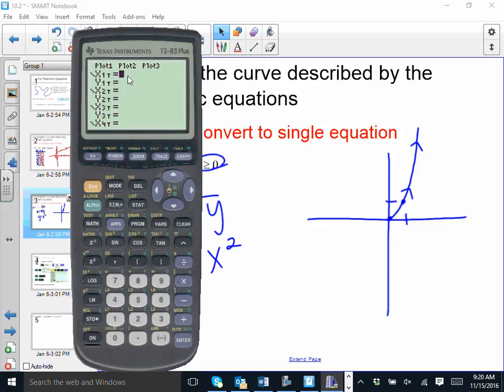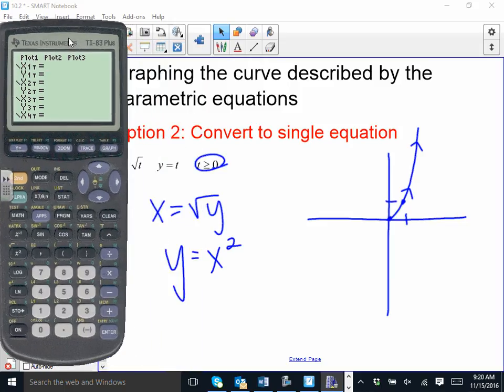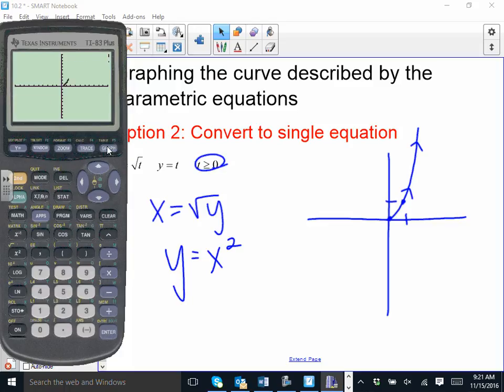That way when you go to y equals, you get the x equals and y equals. So x equals square root of, when you hit that variable button, it's going to give you a t instead of an x. And then y equals t. Then when you graph it, how it's traced out, that's the orientation.